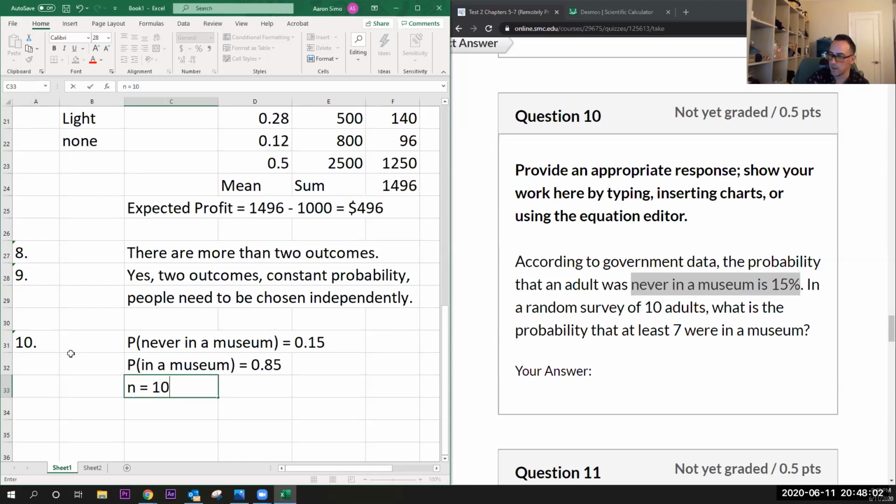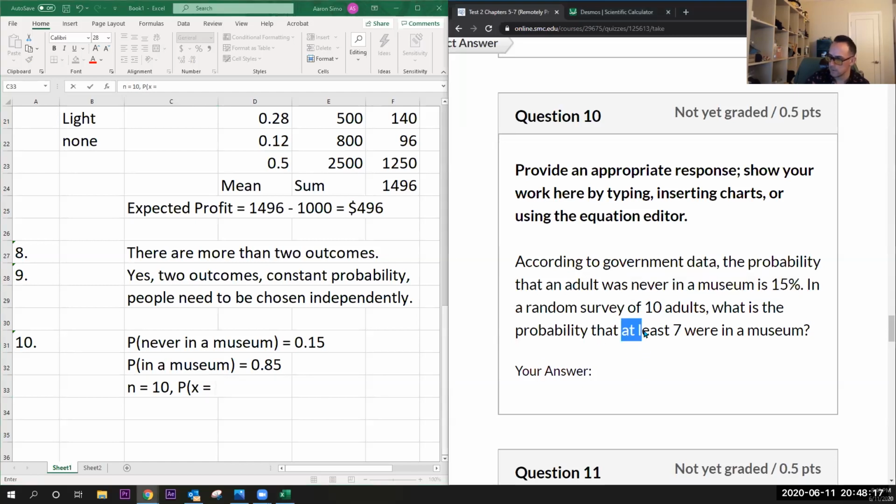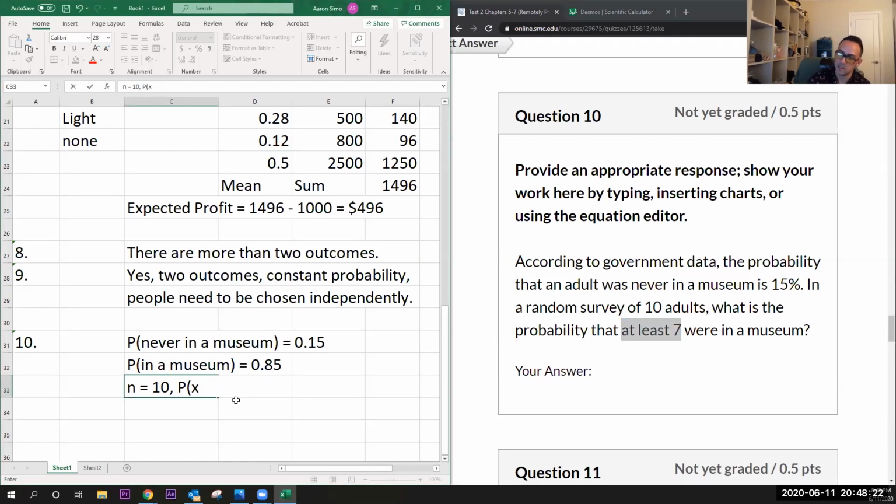They're either in it or not. I'm trying to find probability that x equals 7. No. At least 7? What's the probability that at least 7 were in a museum? At least 7. Okay, so x has to be greater than or equal to 7, right? So we have to say 1 minus binomPDF. CDF, huh? CDF.